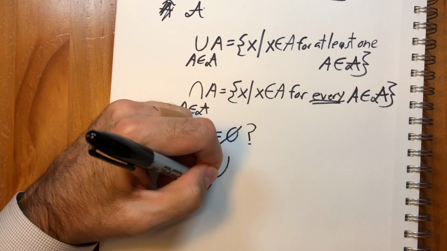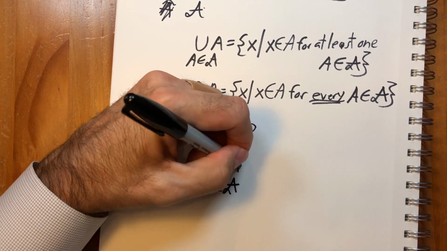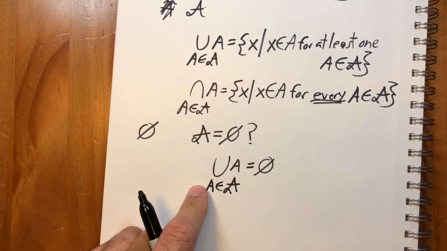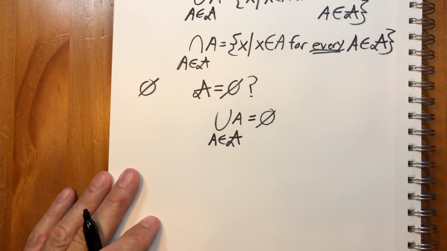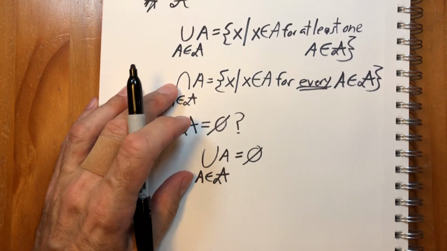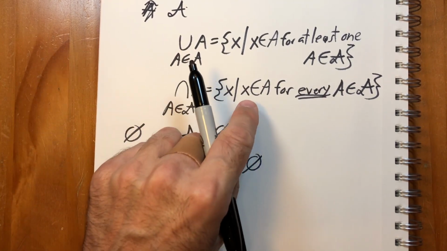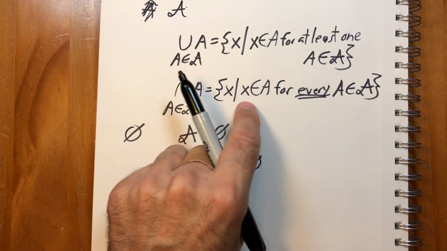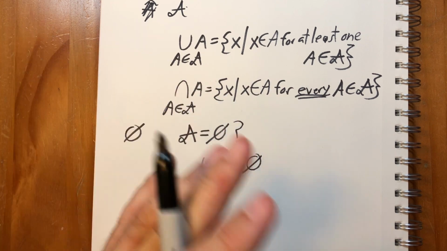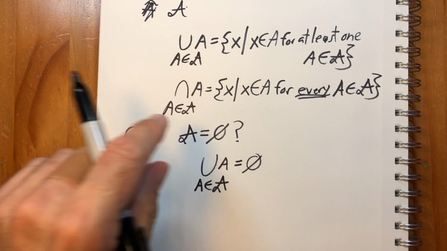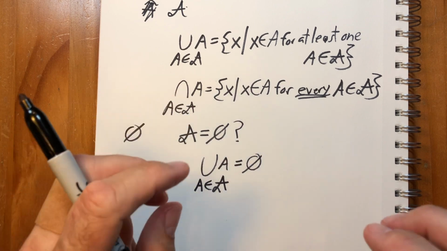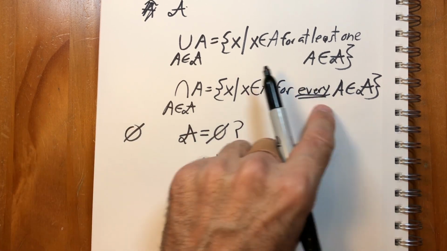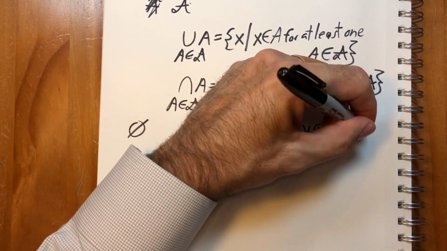So it's reasonable to say that the union of all of the sets in the collection is the empty set, because there's nothing in it. But on the other hand, the intersection isn't as easy, because every x satisfies this criterion, because every x that you can come up with is, in fact, in, quote, every element of the collection, because there are none. So this, again, is vacuously true.